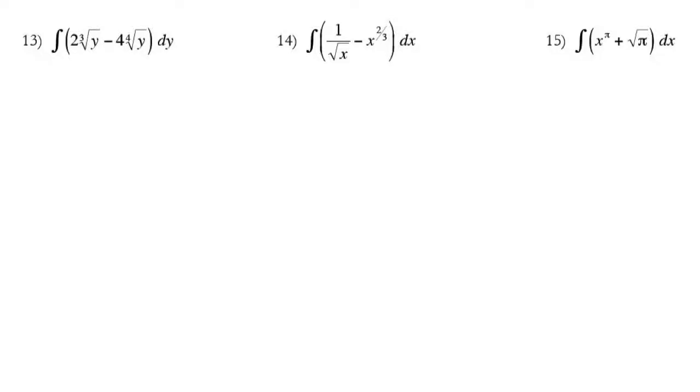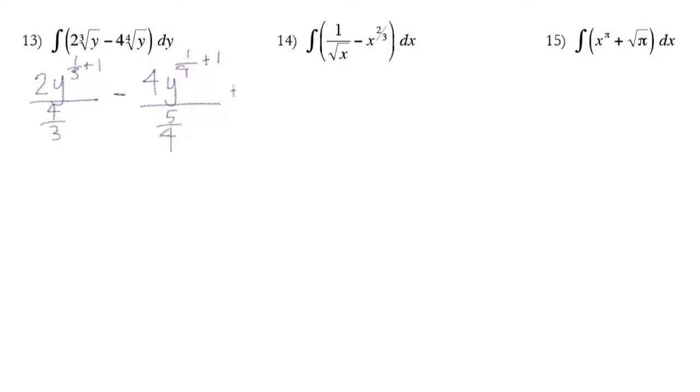Okay, and continuing on, we still have the same pattern here. So if we integrate, and we're going to do individual terms here, that's going to be 2 times y to the 1/3 plus 1 over, well, 1/3 plus 1 is 4/3. And then minus 4y to the 1/4 plus 1, well, that's going to be 5/4.